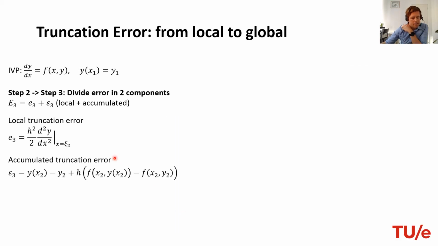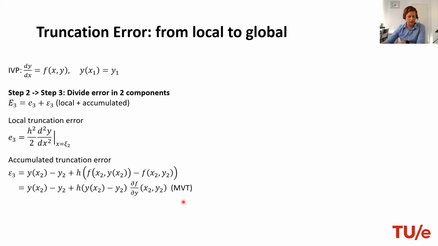So here I just reiterate our findings from the previous slide, such that the local truncation error is of second order. The accumulated truncation error could be written as follows. Now we can do some manipulations on this. Well, let's try to write this as follows.